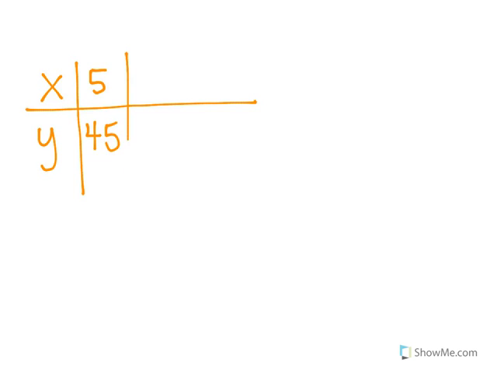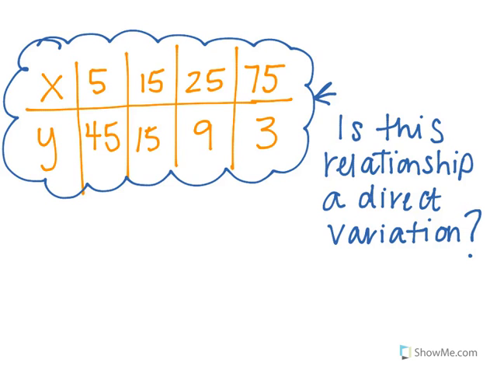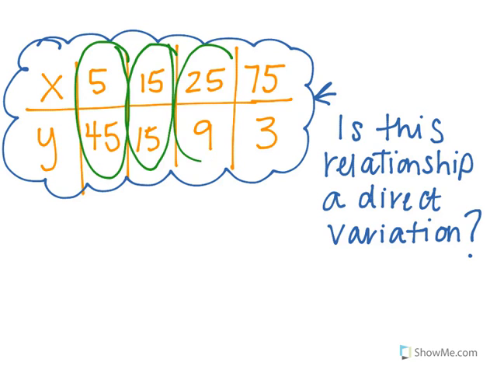If we did another example on what is directly proportional, and we had a table that looks like this, if we wanted to figure out if this relationship is a direct variation, we would look at each of these y over x ratios to make sure they stay constant.